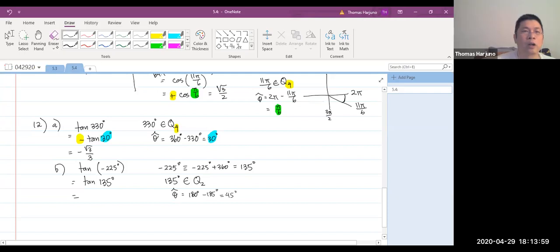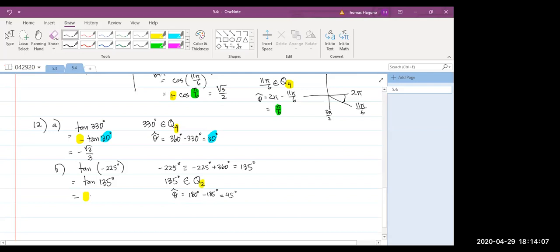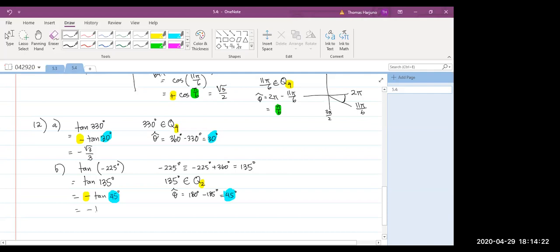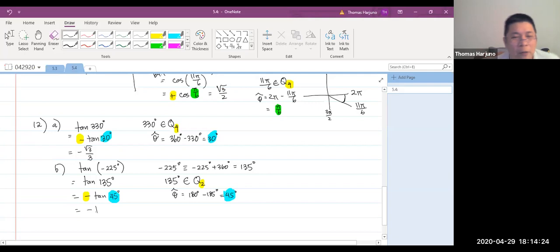So in quadrant 2, is tangent positive or negative? Oh, sorry, negative. The reference angle is 45 degrees, right? And the final answer is negative 1. I like that I can do this kind of coloring, which I cannot do in class, you know.